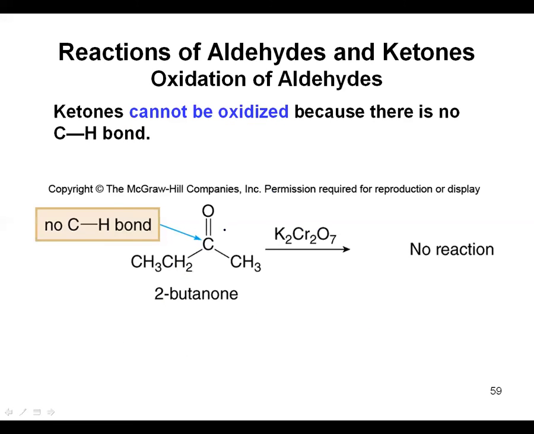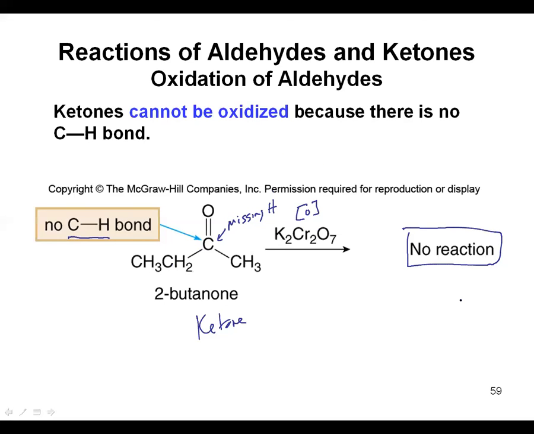But when we come to our ketone, we are missing that hydrogen, so we have no carbon-hydrogen bond. Although we don't get into how this whole process occurs, that carbon-hydrogen bond is really important in the process of making the reaction. So if you try to oxidize a ketone, you get no reaction.